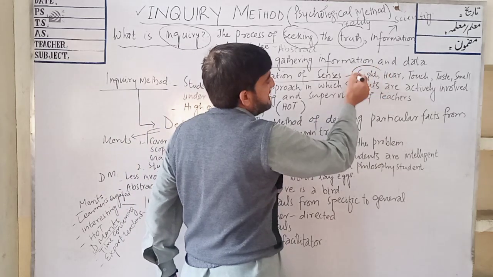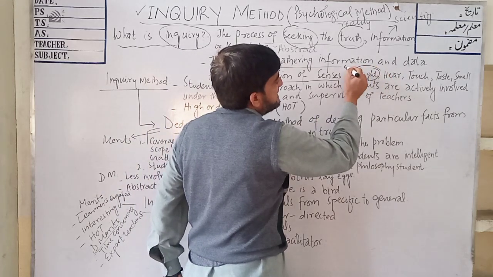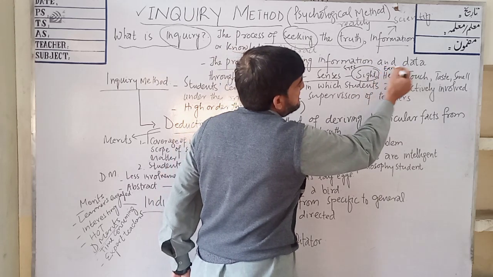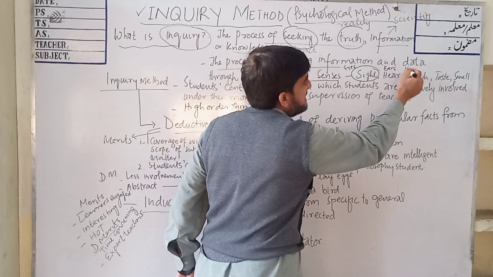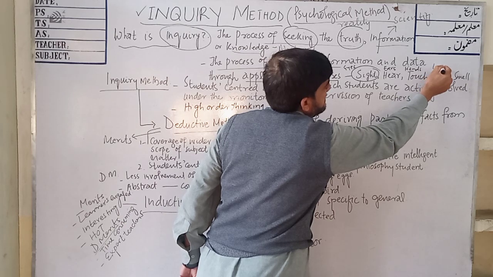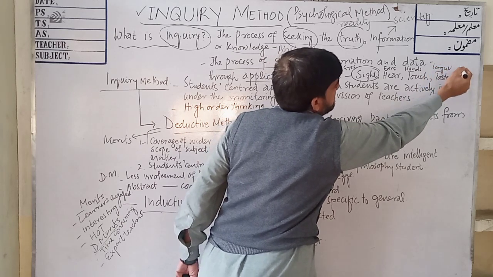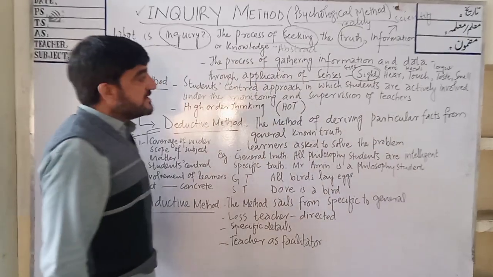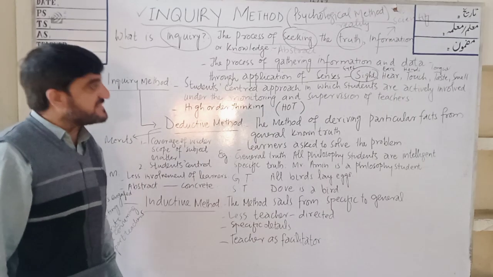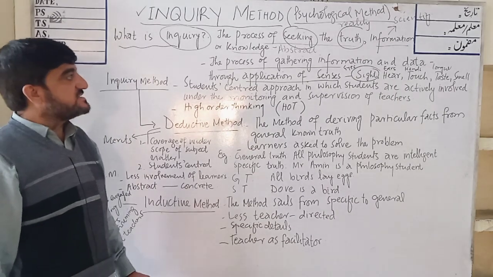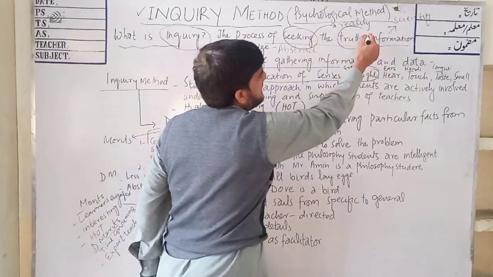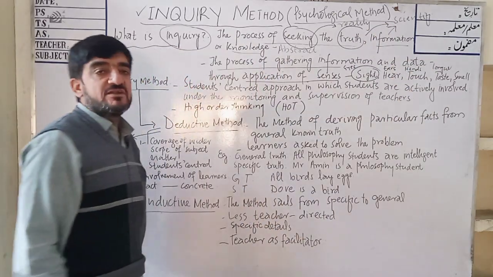Those 5 senses are sight, which means eyes; hear, which means ears; touch, which means hands; taste, which means tongue; and smell, which means nose. These 5 senses are used in inquiry method to get knowledge about the abstract as well as the reality and the scientific knowledge.